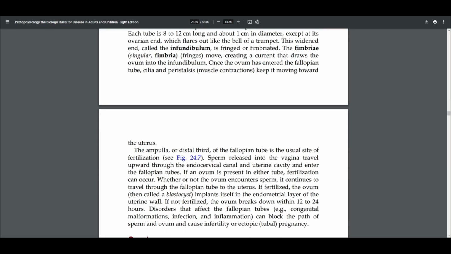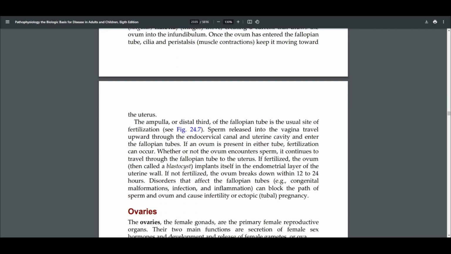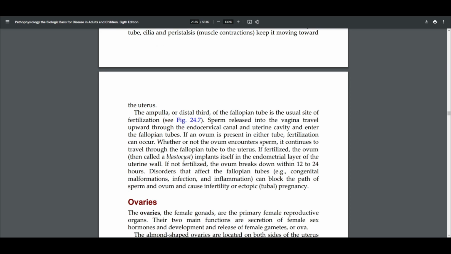The ampulla, or distal third of the fallopian tube, is the usual site of fertilization. Sperm released into the vagina travel upward through the endocervical canal and uterine cavity and enter the fallopian tubes. If an ovum is present in either tube, fertilization can occur.